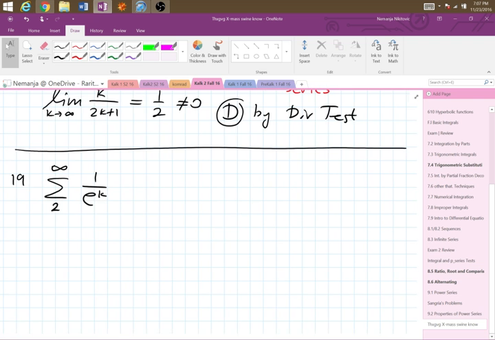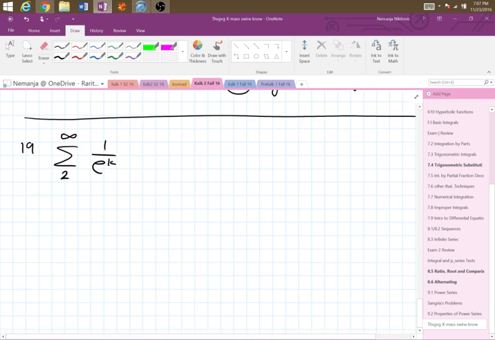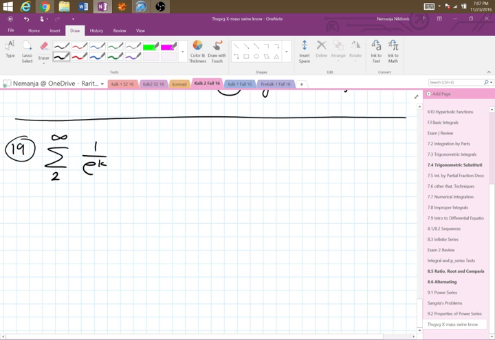We are going to change the discrete function 1 over e to the k into 1 over e to the x, and show 3 requirements hold. We need 3 requirements to hold, which are what? Anyone remember?